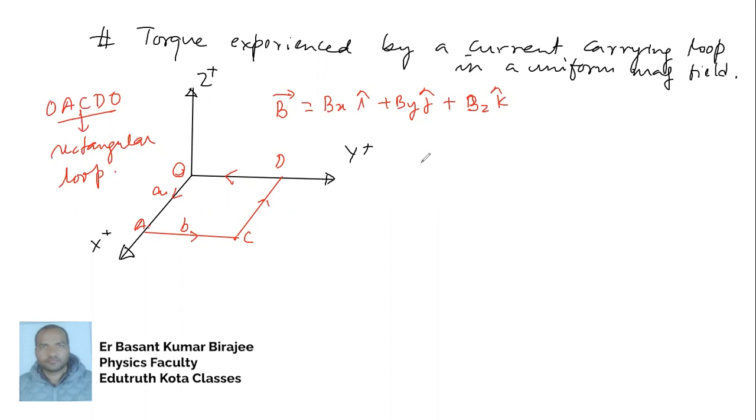Now we have to find out four things. First, we'll find the net force on the loop, and the second thing, we will find the torque experienced by the loop. Let's find first the net force on the loop.